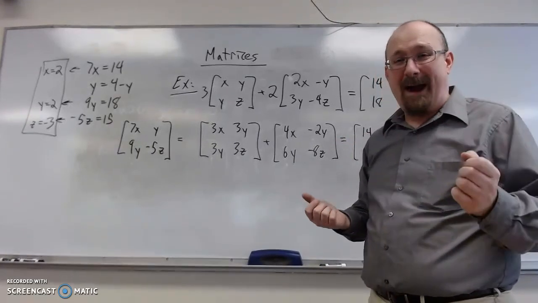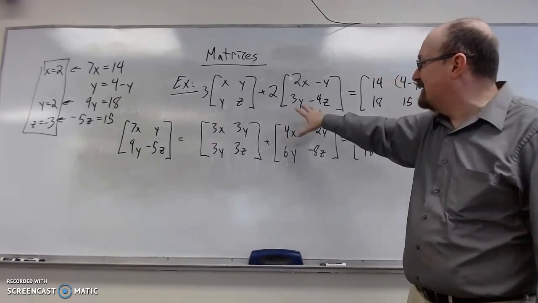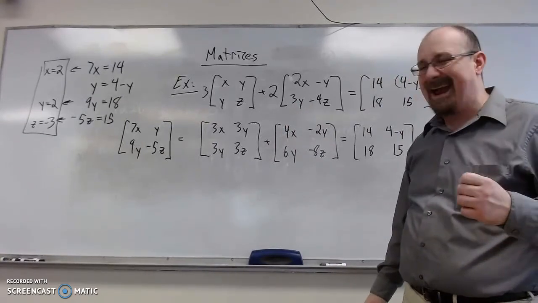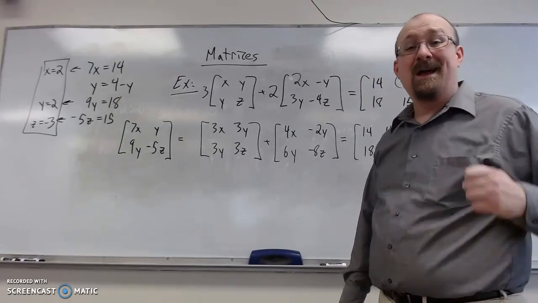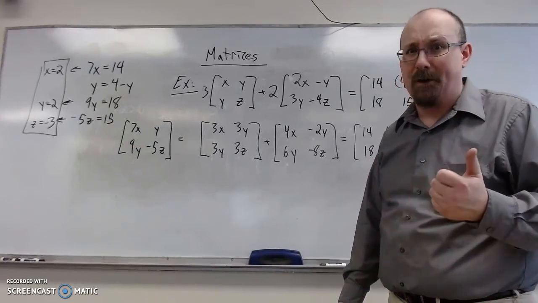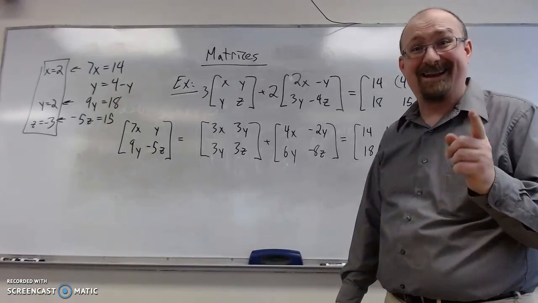But in practice, generally when we do most matrix operations, we use technology. We had to do it by hand in this case because the technology we've got doesn't really handle variables all that well. But if you're just dealing with straight numbers, letting your calculator or your spreadsheet software or whatever do the number crunching for you is generally superior. And we'll take a look at that next time.